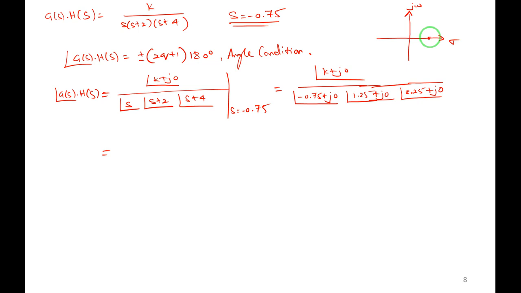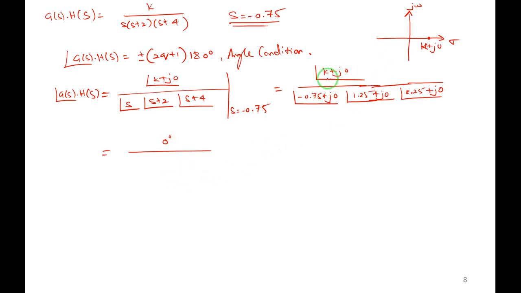Always we measure the angle starting from the positive real axis. So angle is 0 for any such point. So the numerator term, angle of k plus j0, is 0 degree.